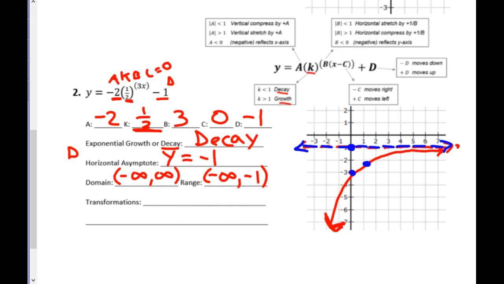Okay, and last but not least, transformations. Start with A. If A is negative, okay, so this is on the front of your notes, but if A is negative, that means what? Reflect over X. And that's why it's on the bottom, right?